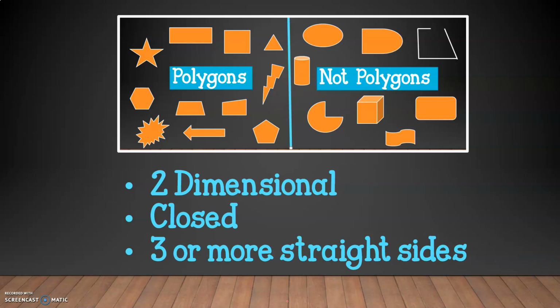And they have three or more straight sides. So when we're identifying polygons today, we're going to make sure we follow those three rules. Two-dimensional or flat, closed meaning that their edges or their sides touch all the way around so nothing can get in and nothing can go out, and those sides or edges are all straight and they have 3 or more of them.